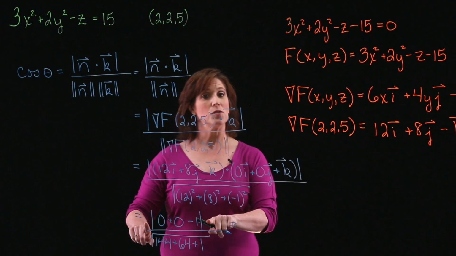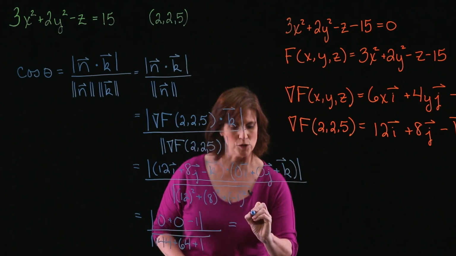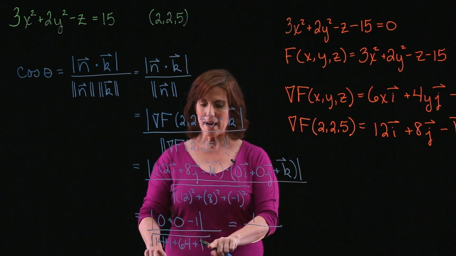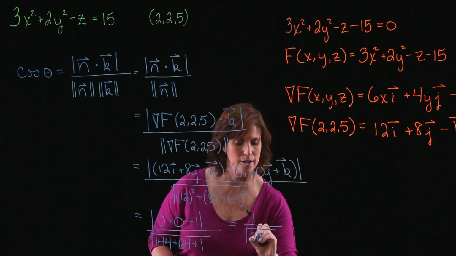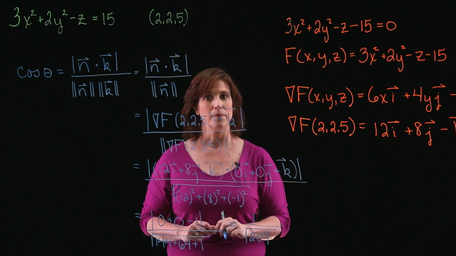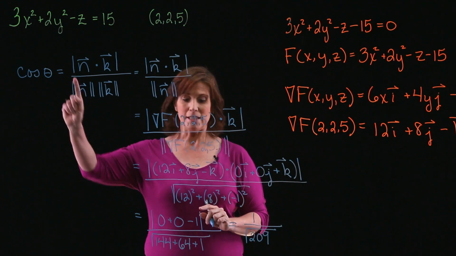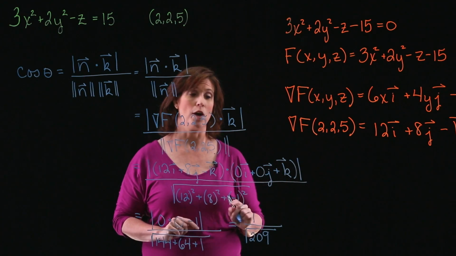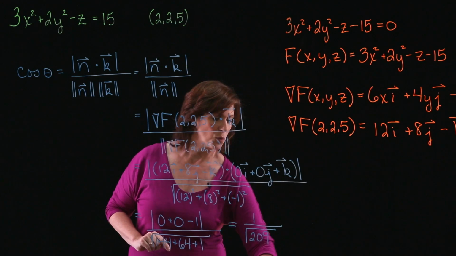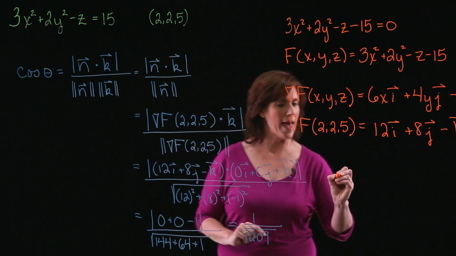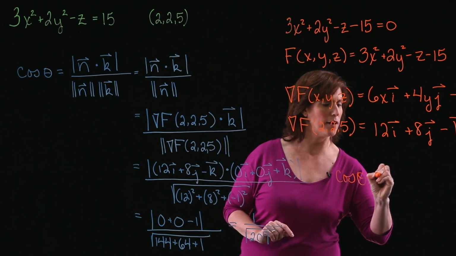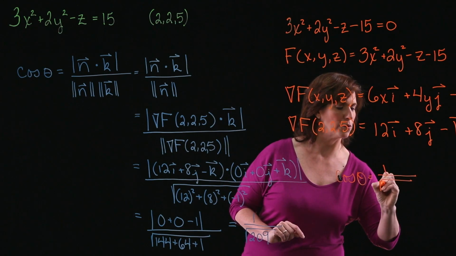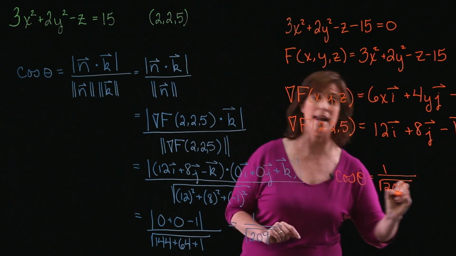Now, this is going to be the absolute value of negative 1, which is just 1. And when I add all of these numbers together, I get the square root of 209. Now remember, that means that the cosine of theta is 1 over the square root of 209.